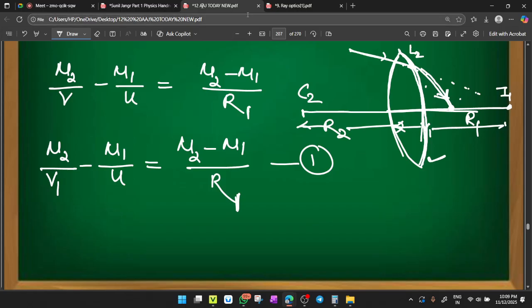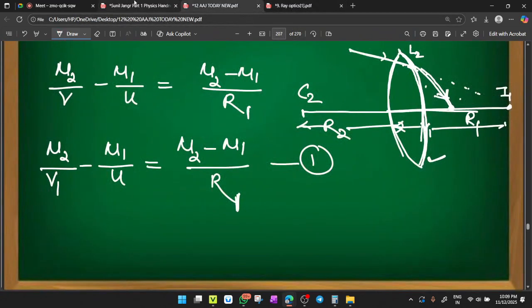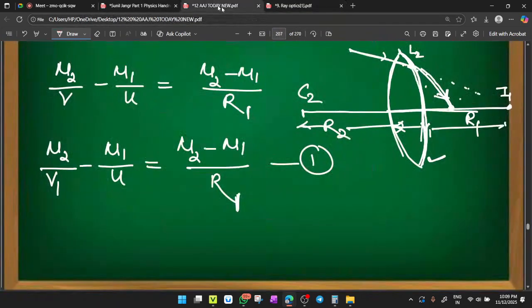Okay. So write the formula. Now the refraction is taking place from denser to rarer. We have discussed the formula for denser to rarer: mu1 upon V minus mu2 upon U equals mu1 minus mu2 upon R. Or you can just change mu1 and mu2, so better here to change mu1 and mu2.